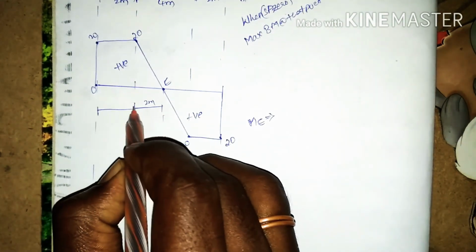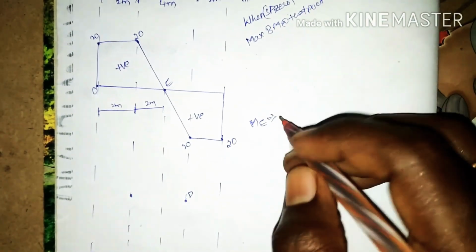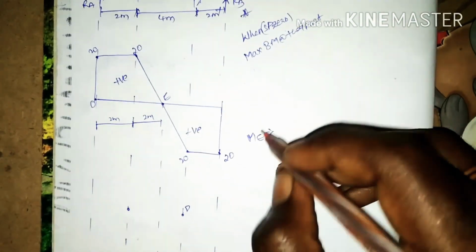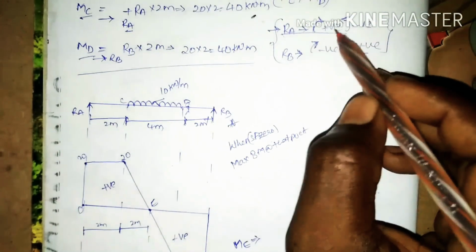The distance is 2 meters. I am taking the moments from RA, so I am going to consider these sign conventions: clockwise as positive, anti-clockwise as negative.